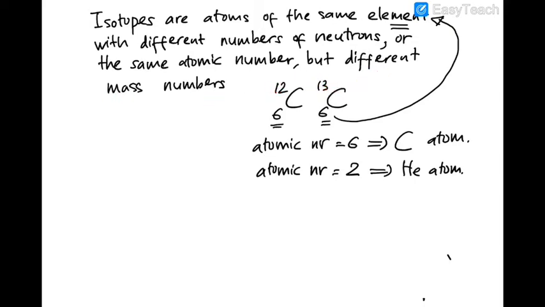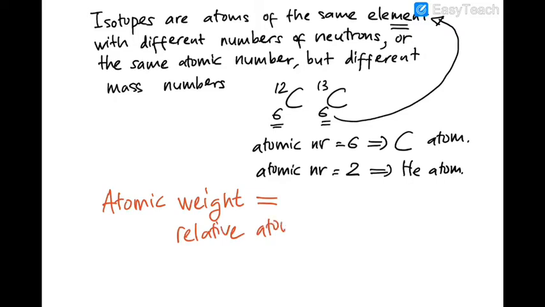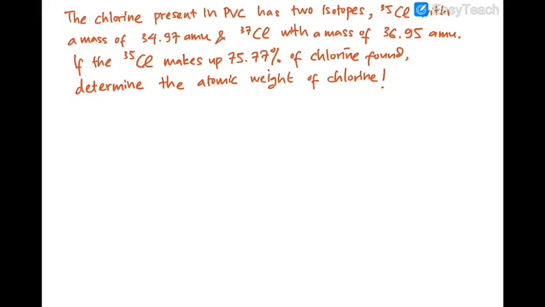Now, I will introduce you to yet a different term that is called the atomic weight, or this is the same as relative atomic mass, symbolized as AR. To understand better the concept of atomic weight, or the AR for short, let's try to solve this problem.